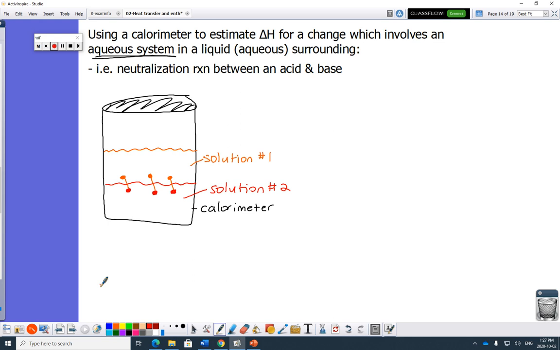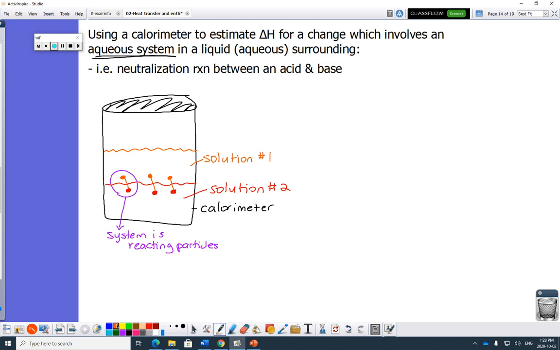So the system is the two solutions reacting together, the reacting particles. But then how do we figure out how much water or how much aqueous solution we have?